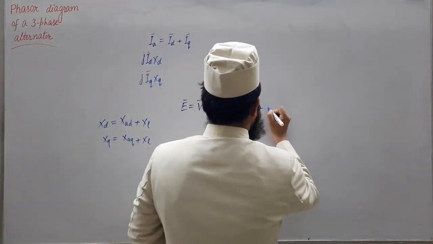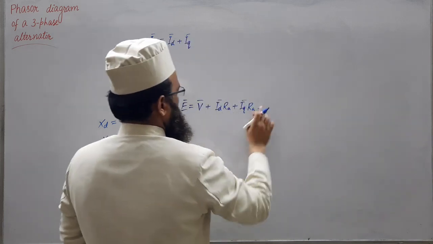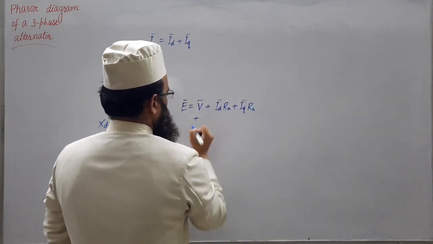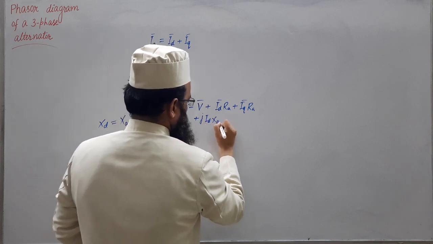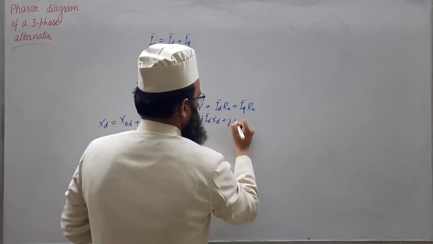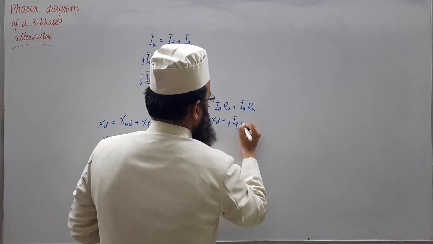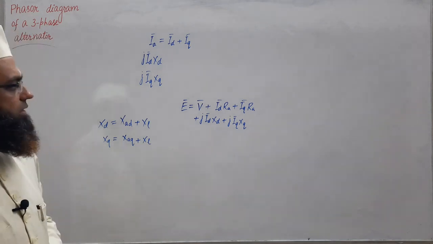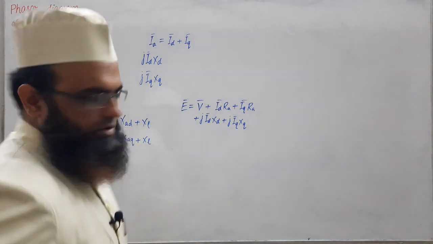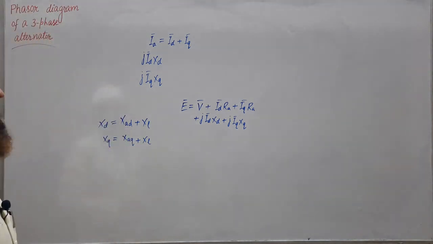So you may write, plus J ID XD plus J IQ XQ. One by one we will draw phasor diagrams for various power factors.